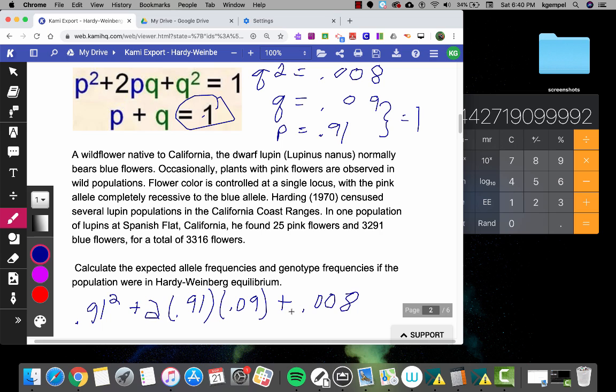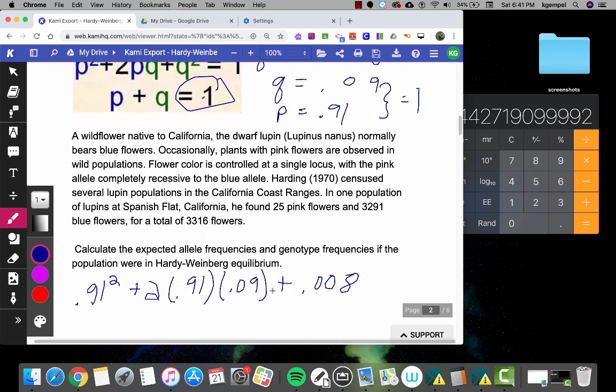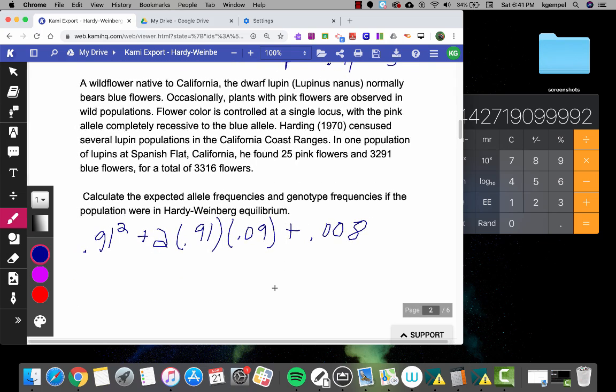Again, if I put 0.09 squared, I'm going to end up with something that's the same or very, very close because of rounding. All right, so now I have that.